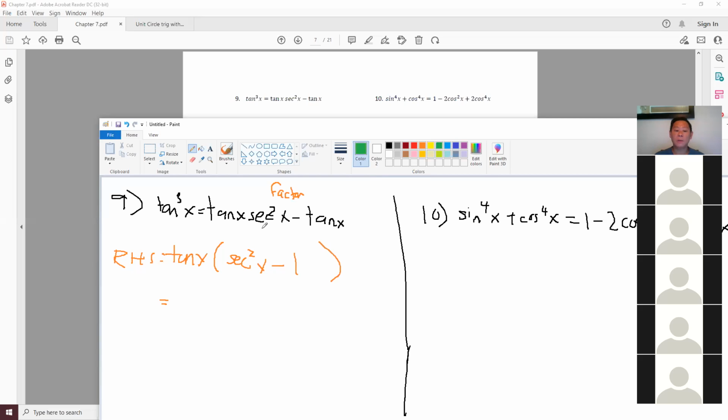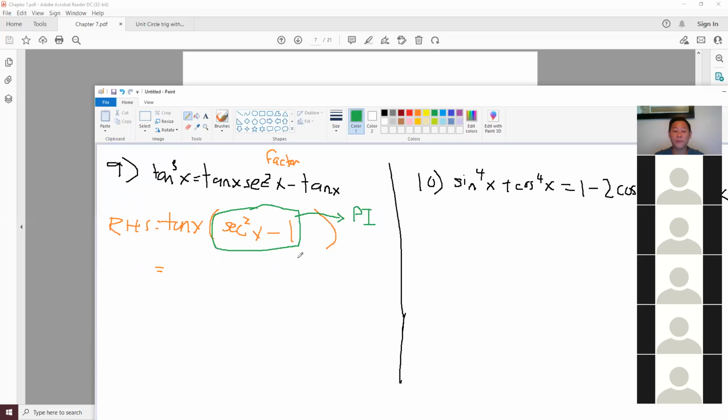And can someone tell me what secant square x minus 1 is? What kind of identity is this? Okay, there's a square involved, so we will use a Pythagorean identity. If you refer to the Pythagorean identity, it says that 1 plus tangent square x is secant square x.